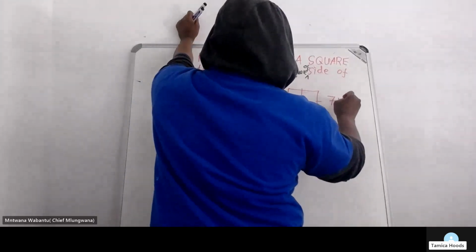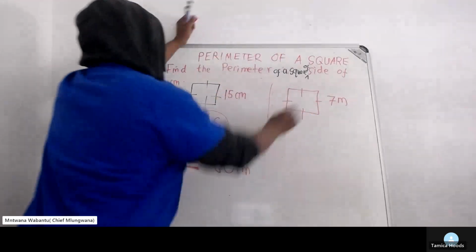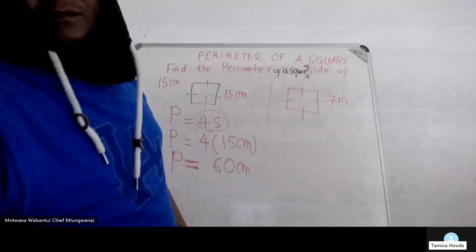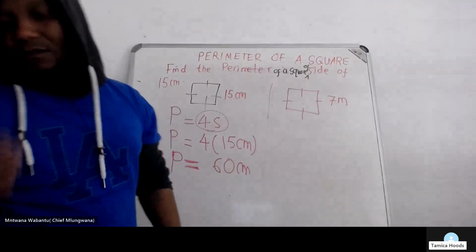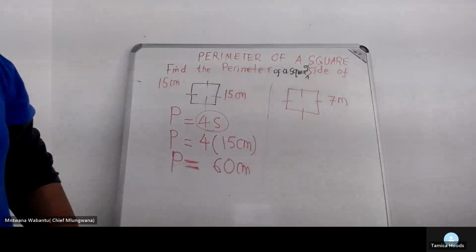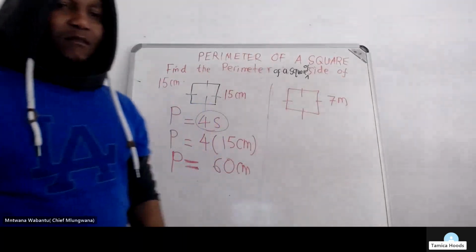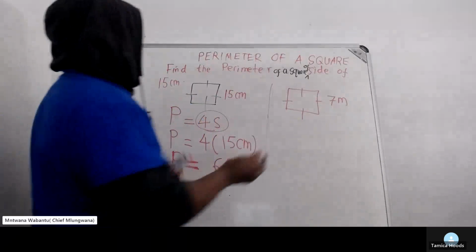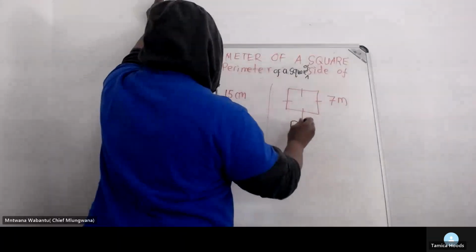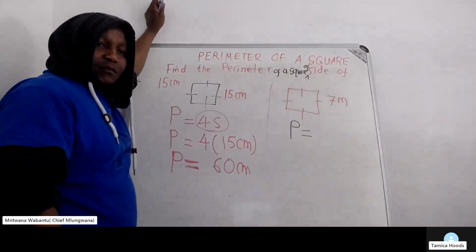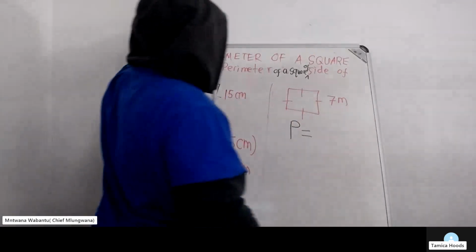Okay, now let me ask you this. Find the perimeter here. So you're going to write down P. And then we're going to write equals 4S.